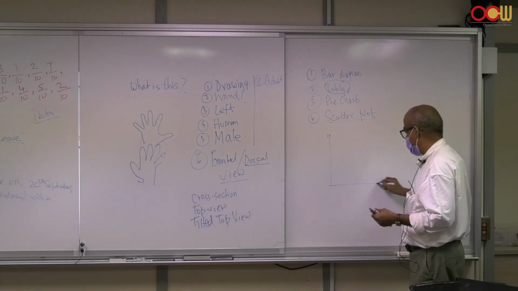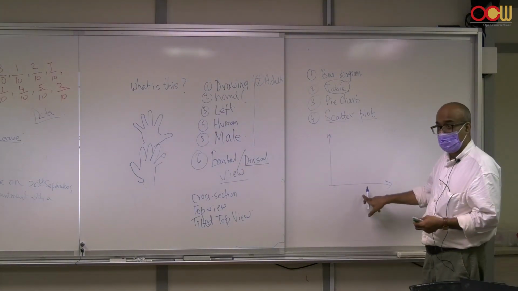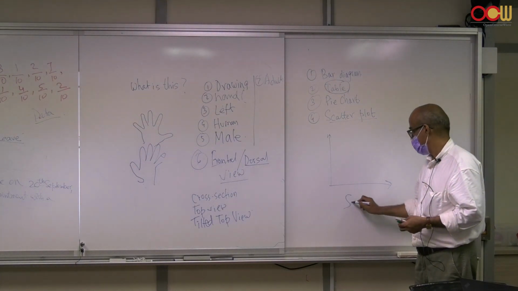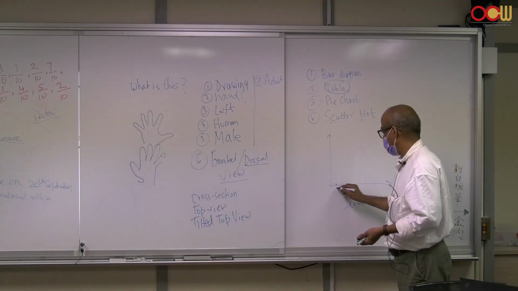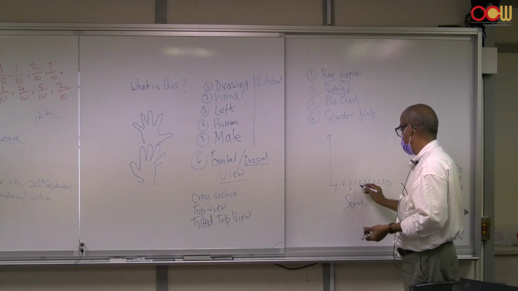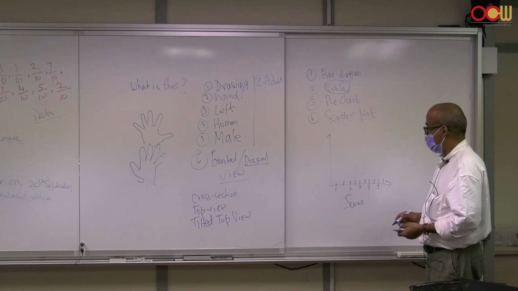However, even in a bar diagram, what would be this and what would be that? This one is the score. And our full marks is 1 to 10. Okay, let's say here is 1. So 1, 3, 7, 9. And this is the number of students.